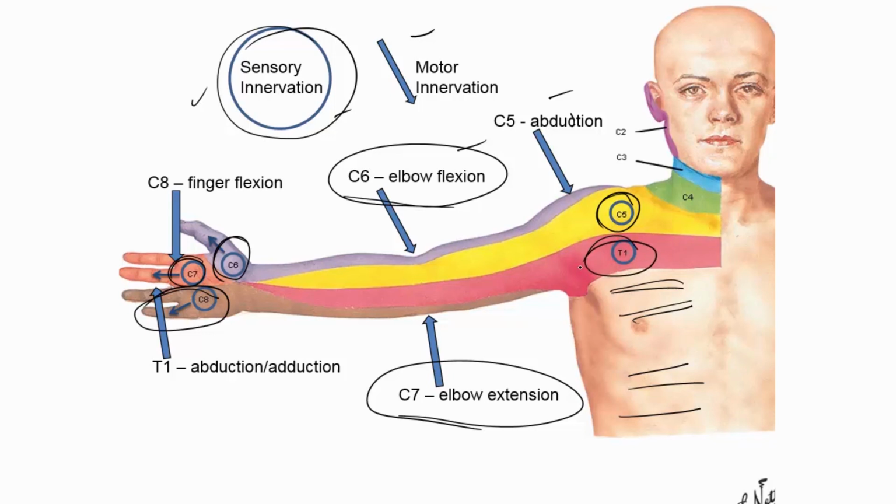So if we look at the motor innervation, we actually sequentially have a salute. C5 is abduction, C6 is elbow flexion, C7 is elbow extension. So there's the salute.